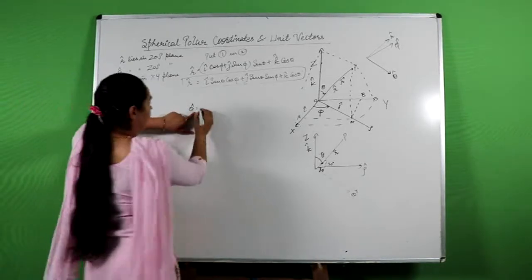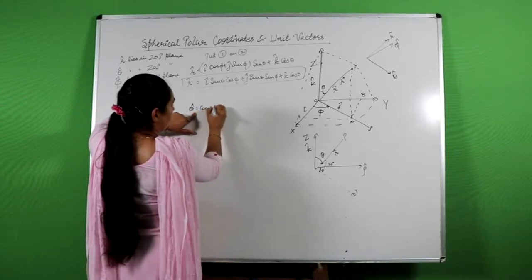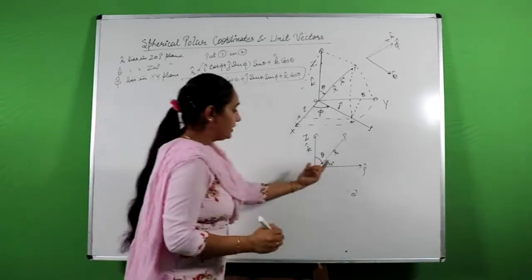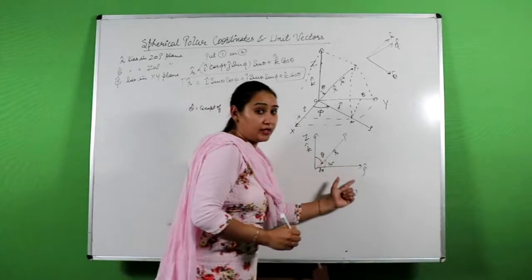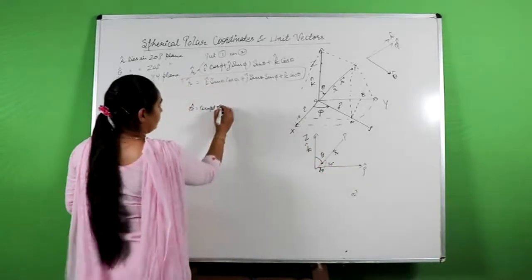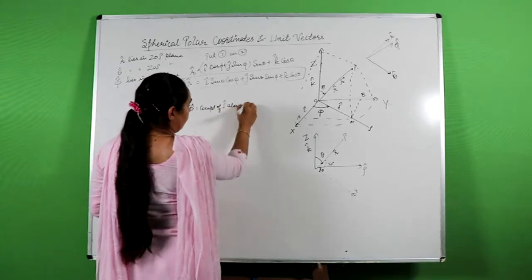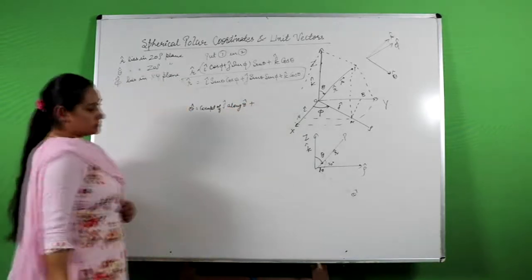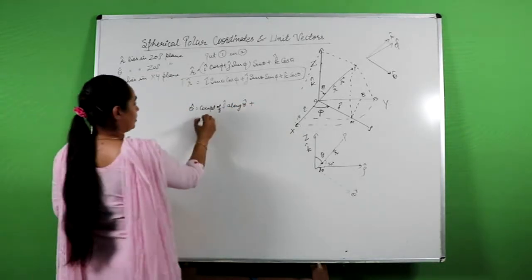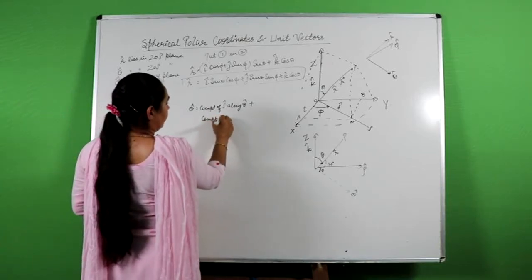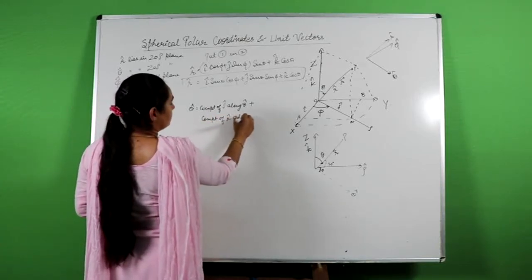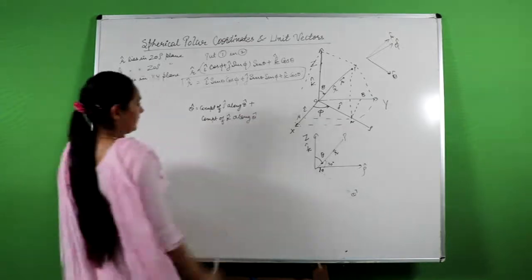So theta cap is the component of, since I am dealing with two unit vectors now again, the component of unit vector rho cap along theta cap plus the component of k cap along theta cap.